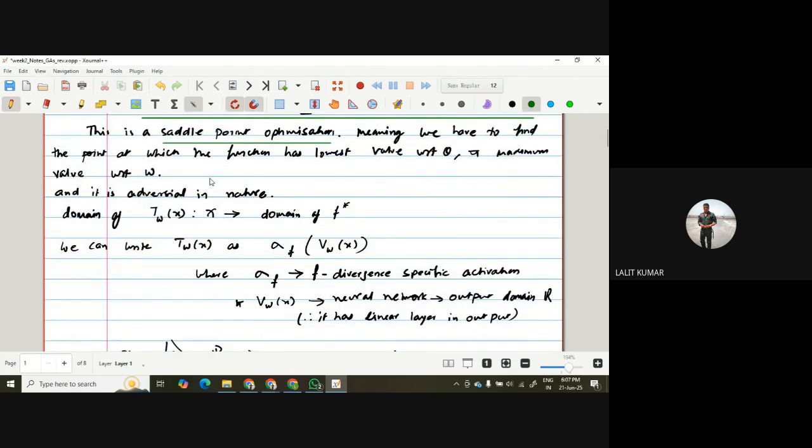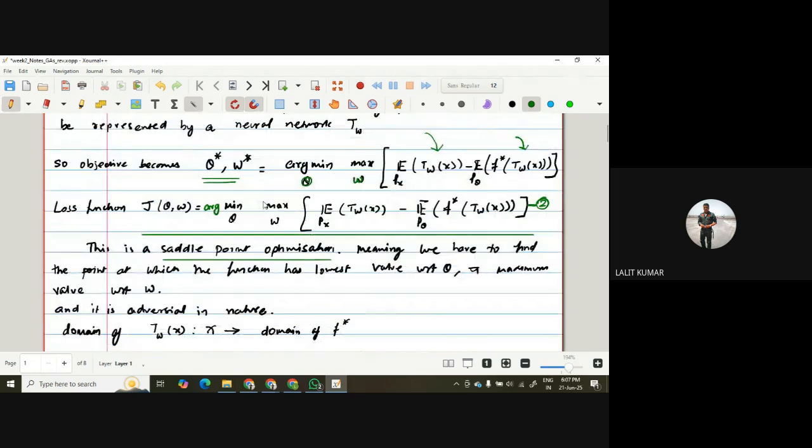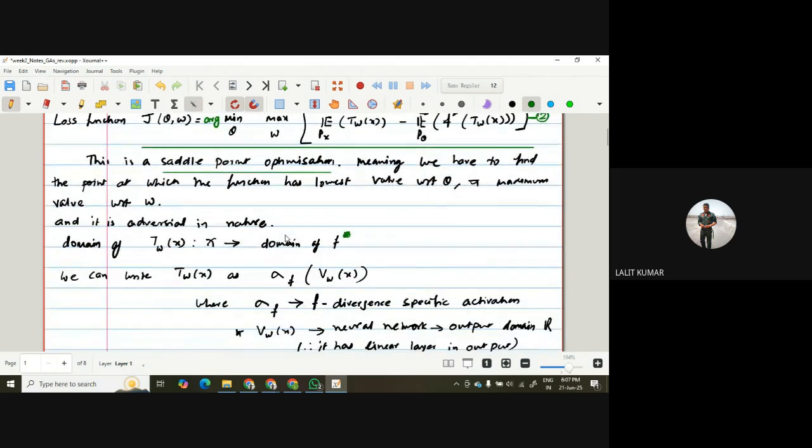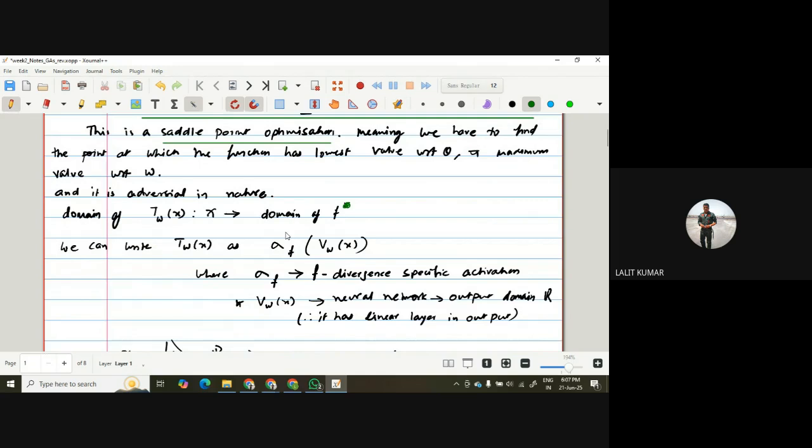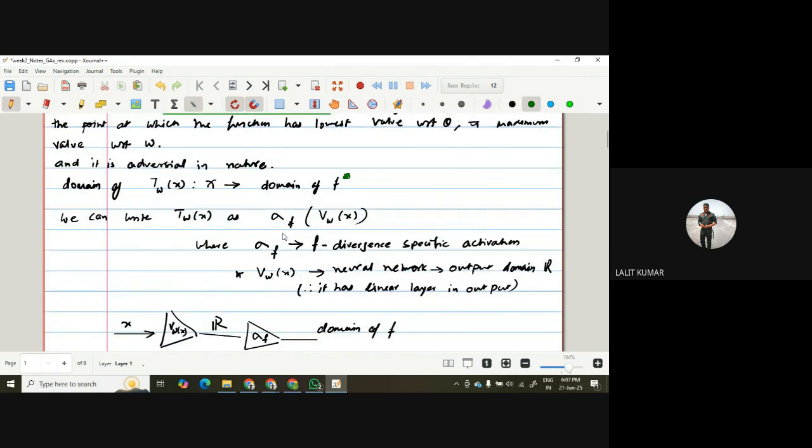Now the domain of T_w(x) is such that it takes x and passes it to the domain of f. This T_w(x) can also be written as sigma_f of V_w(x), where V_w(x) is a neural network and its output is a real number.